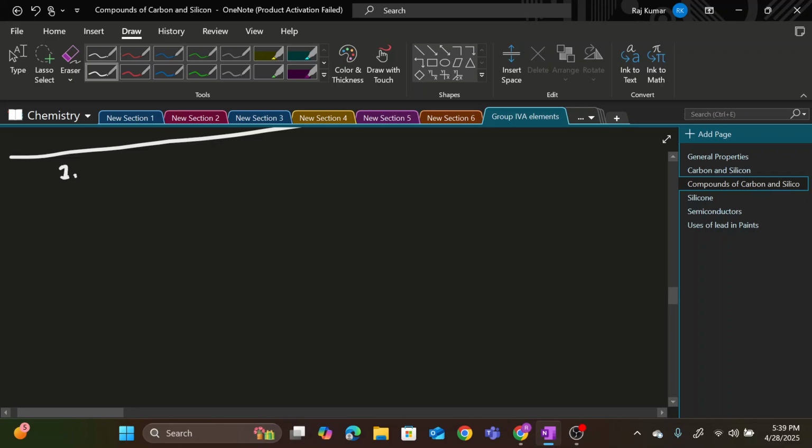Number one silicate I'm going to mention is sodium silicate, Na2SiO3. I can also call this the sodium salt of metasilicic acid.